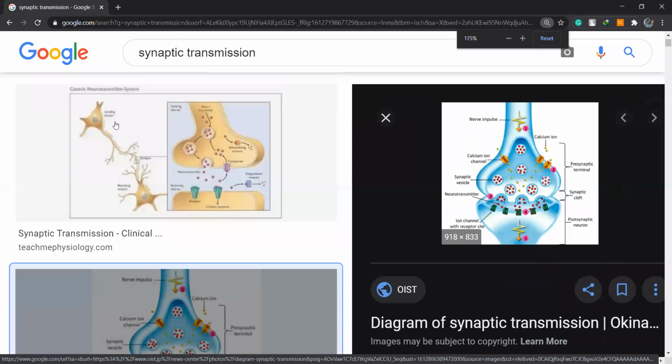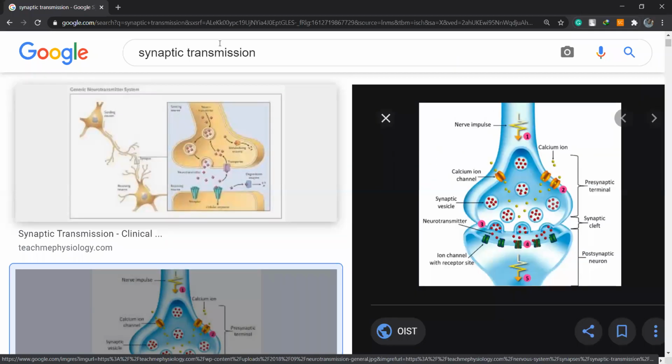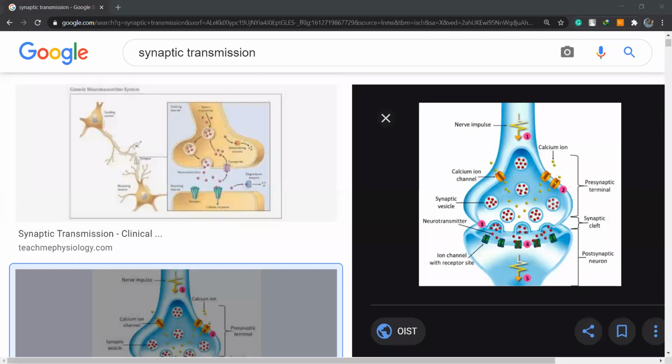Okay, so I hope all of you can see the image, right? Yes, sir. All right, so this is one neuron, okay? And this neuron, this is the axon. Then this side will be which one?